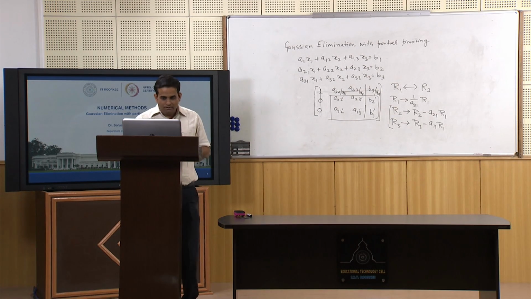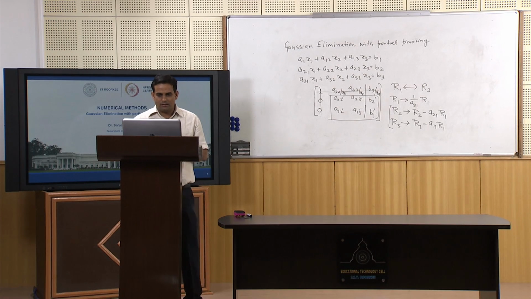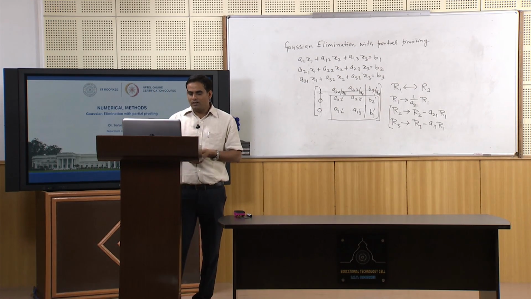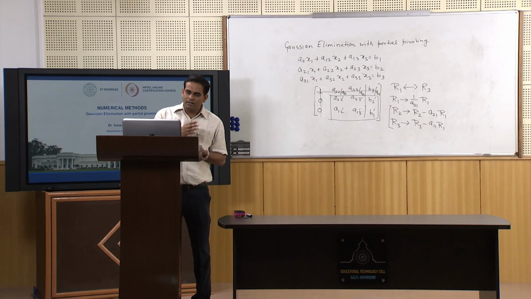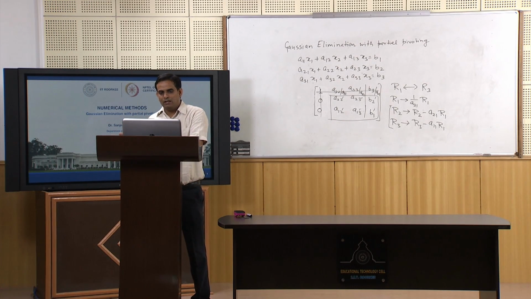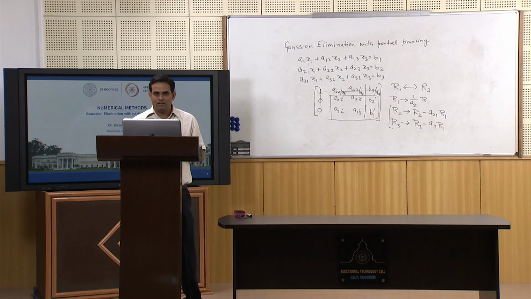So, I will explain such an ill conditioned system with the help of an example. After that, what I will do? I will define the matrix norm and I will relate the matrix norm to the conditions when the system becomes ill conditioned, meaning how to measure whether the system is ill conditioned or not.